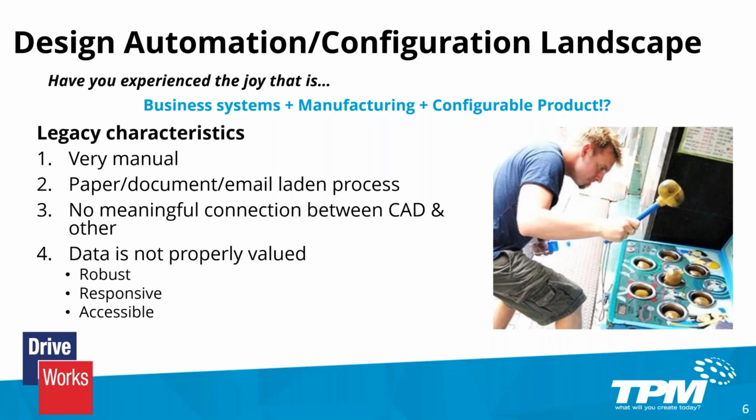Furthermore, very few solutions out there actually feature a connection between the configuration and the actual CAD package, right? So there's typically a missing link right there. That's a critical link for making the business run well.